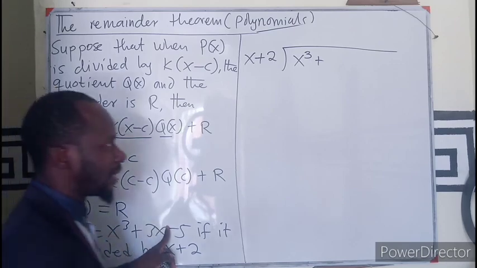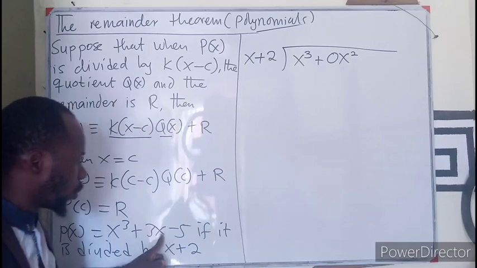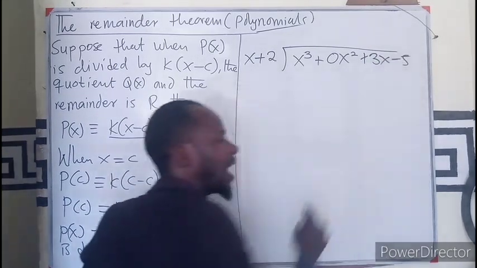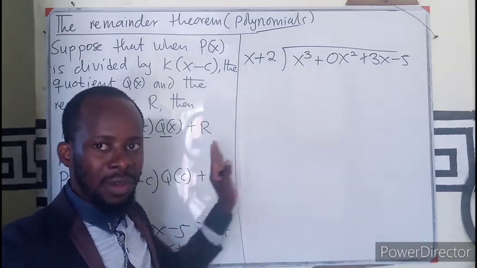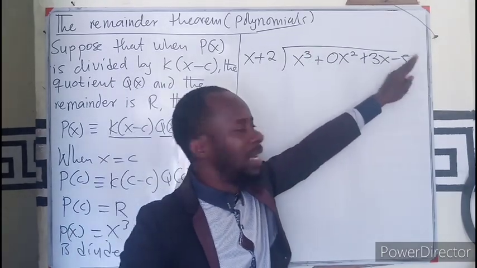There is a term missing, so I introduce that term as 0x to the power 2 before my 3x will come, minus 5. Polynomials have powers of decreasing order of x from left to right. So 3, 2, 1, 0.